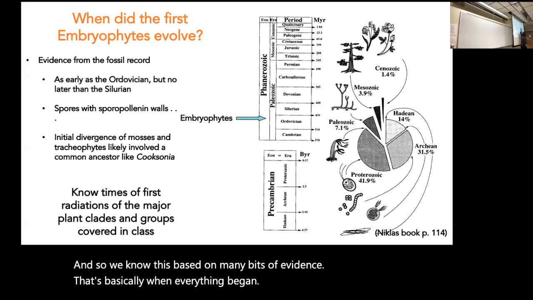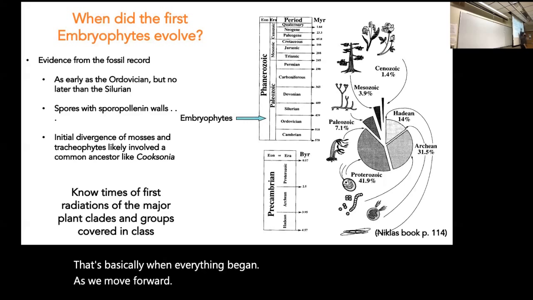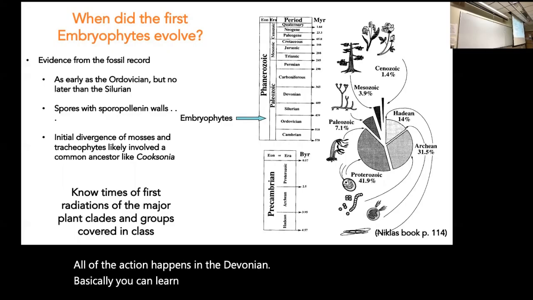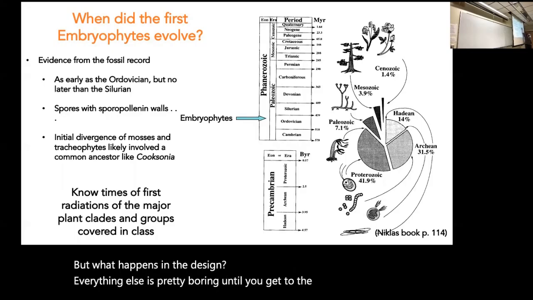As we move forward into the Devonian, all of the action happens in the Devonian. Basically, you can learn about 95% of all botany by what happens in the Devonian. Everything else is pretty boring until you get to the flowering plants. Then it kind of picked up a little bit.